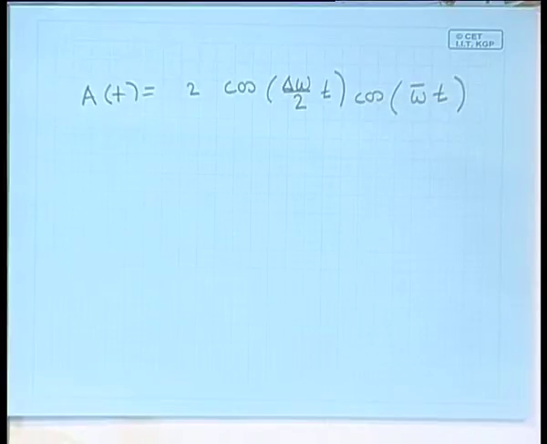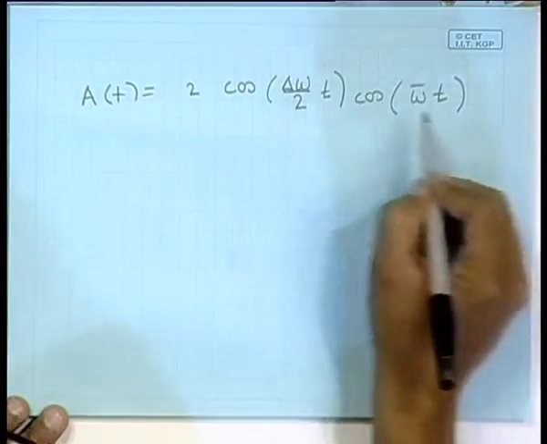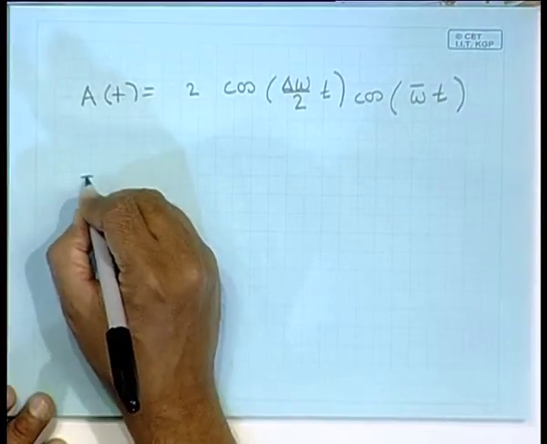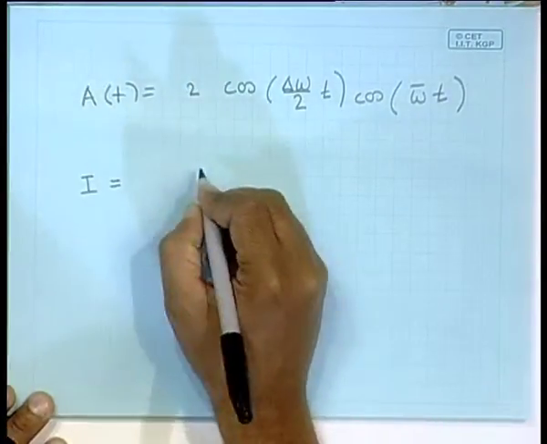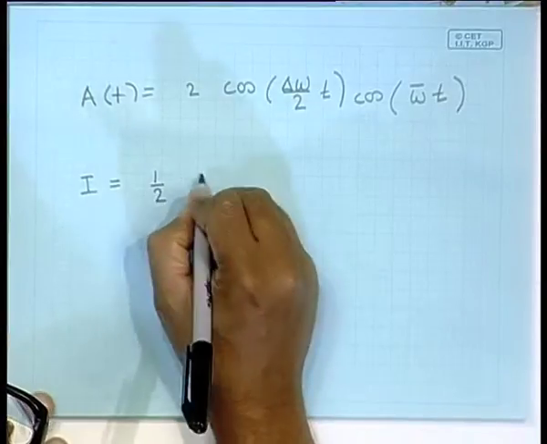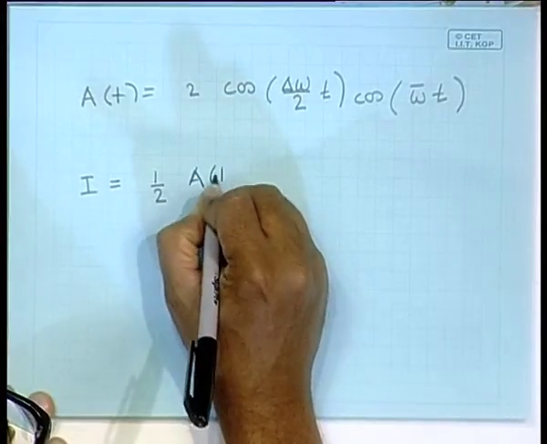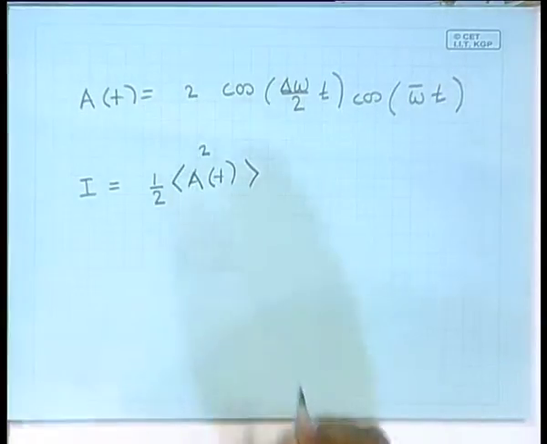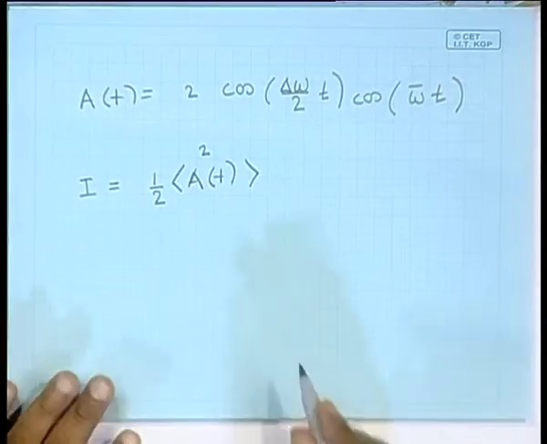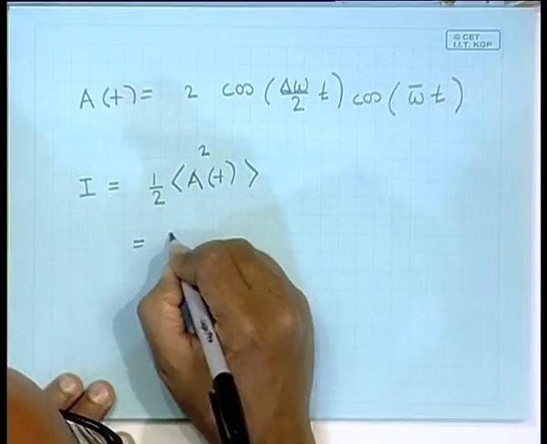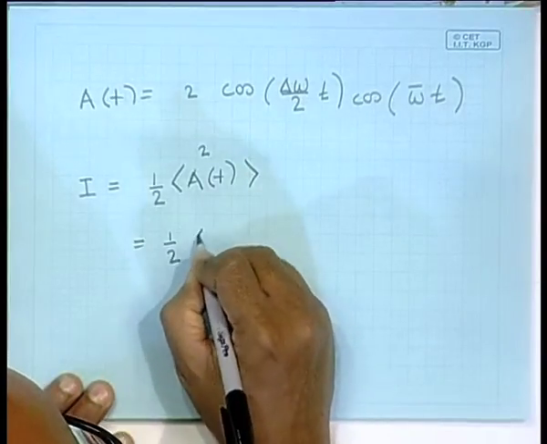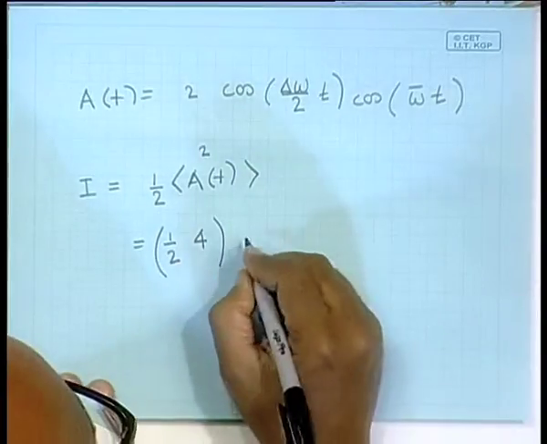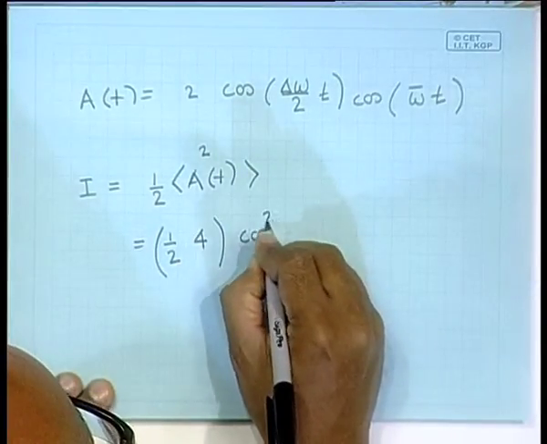This is the actual physical vibration, and to calculate the intensity I have to square this and put a factor of half, and take the time average. This gives us half, a factor of 4 here, which is an overall normalization anyway, not of great interest, and then I have cos square.